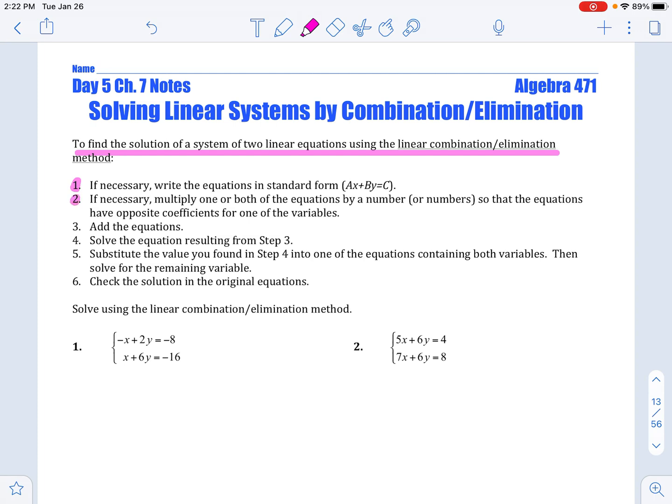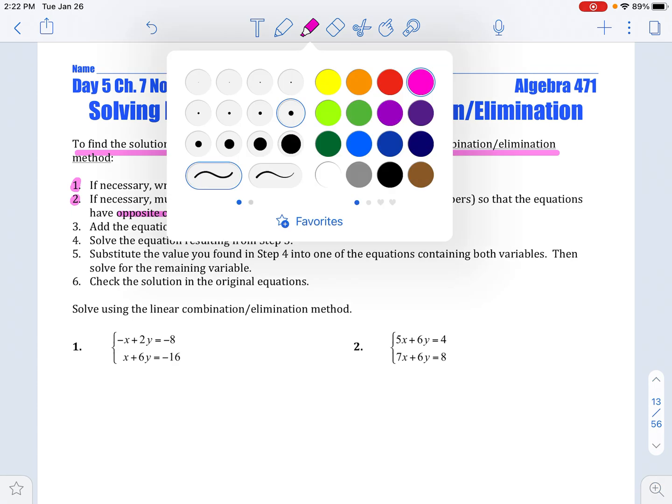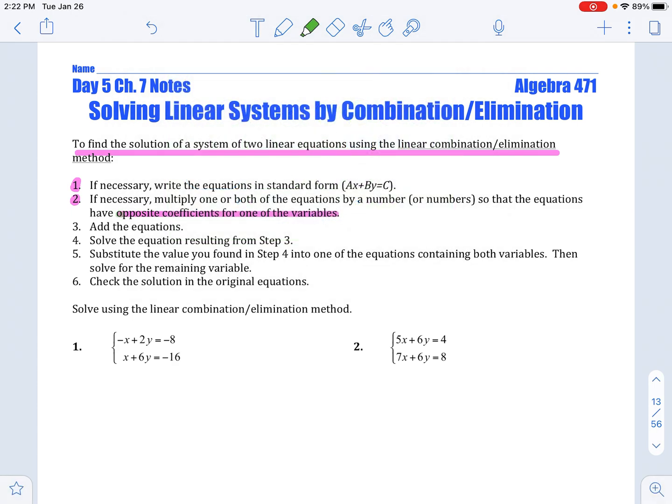The next step is probably one of the most important, and if you understand this concept, it drives the rest of the problem. We are going to multiply one or both equations by a number or numbers so that the equations have opposite coefficients for one of the variables. Well, what does that mean?